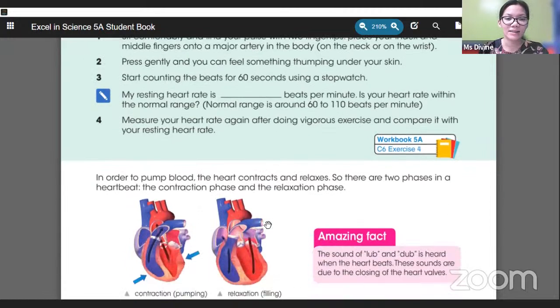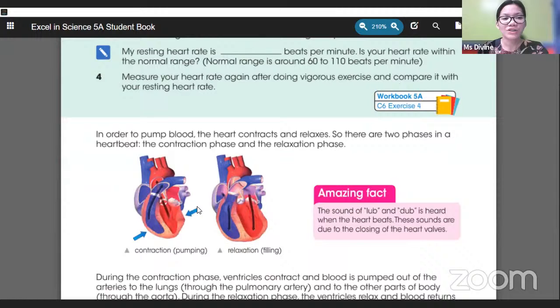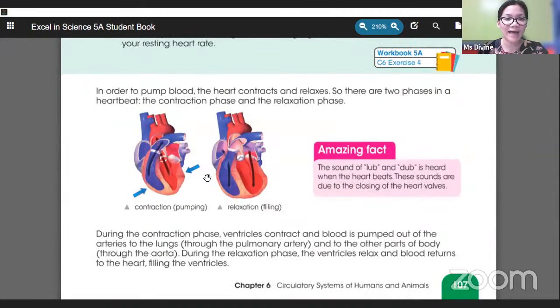Okay, so in order to pump blood, the heart contracts and relaxes, just like our bicep and tricep. Our bicep and tricep are contracting and relaxing when we're moving. So that is the same as our heart. There are two phases in our heartbeat: the first one is the contraction phase, and the other one is the relaxation phase.